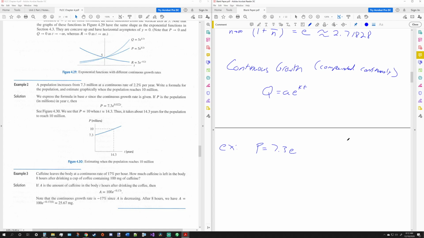so I should actually write down in our notes what we're doing here. We're starting at 7.3 million people and then increasing by 2.2% continuously.